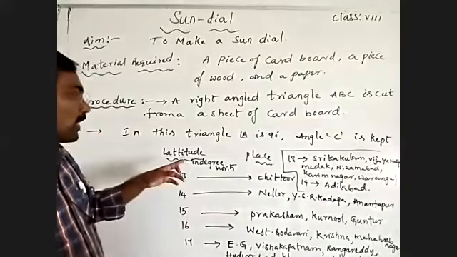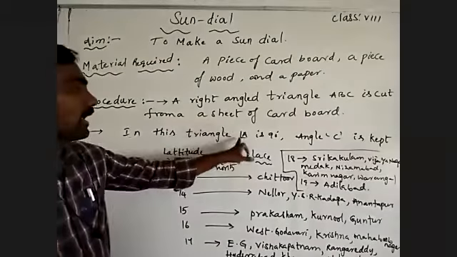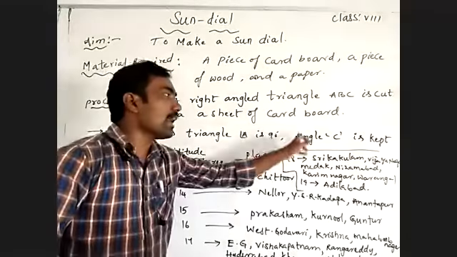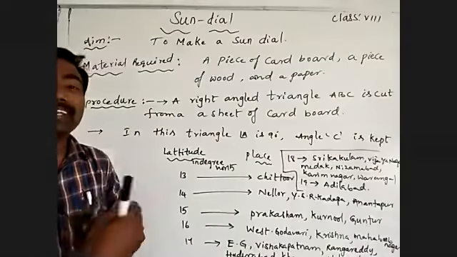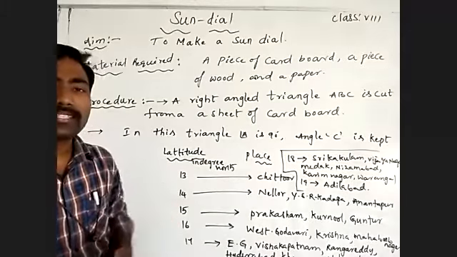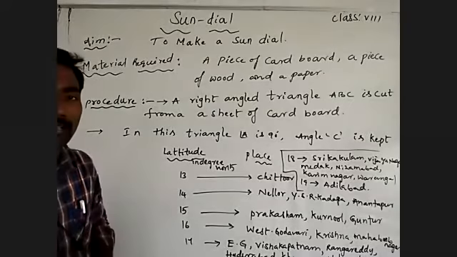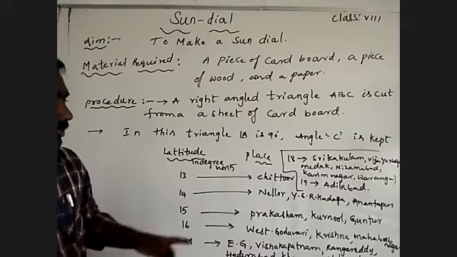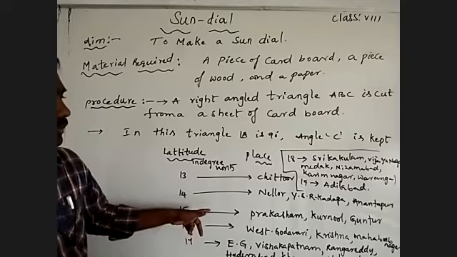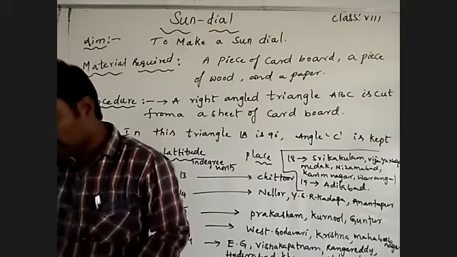So in this triangle, angle A is 90 degrees, and angle C should be kept at our place's latitude towards the north. Understand? So note down these values. Okay, then we'll continue.